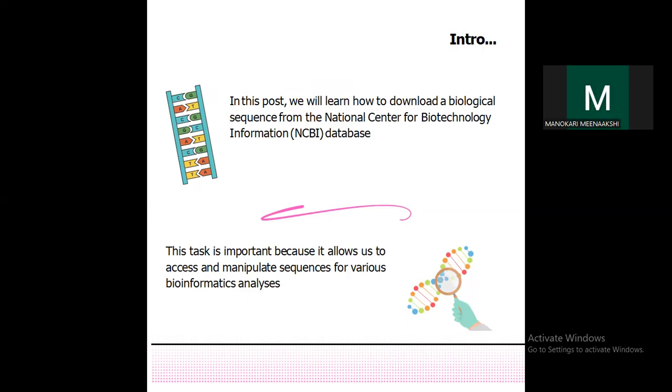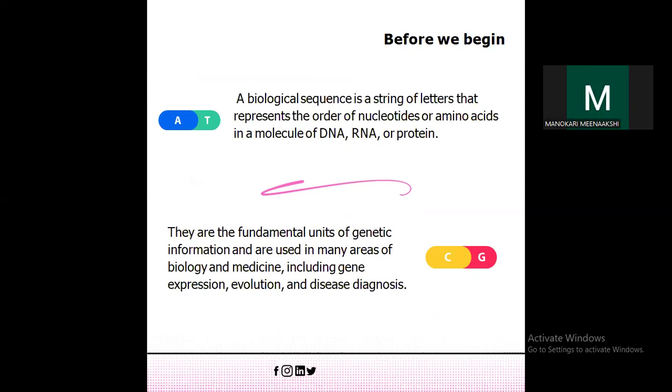It is very important because it allows us to access a particular genomic database, and we can also manipulate the sequence in various bioinformatic analyses. Biological sequences are strings of letters that can represent amino acids, nucleotides, or nucleosides, denoted as DNA, RNA, or proteins.